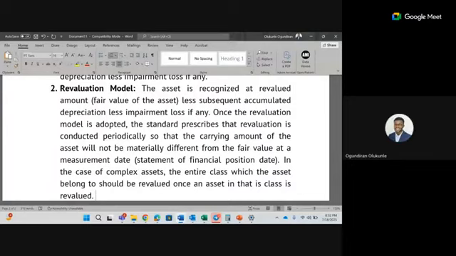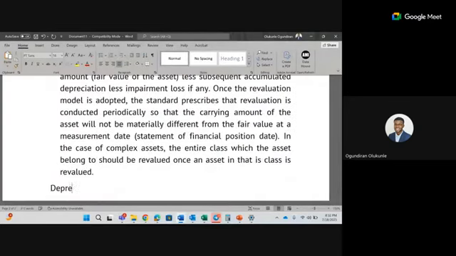All right. Now let's look at depreciation. The standard prescribes that there should be systematic allocation.